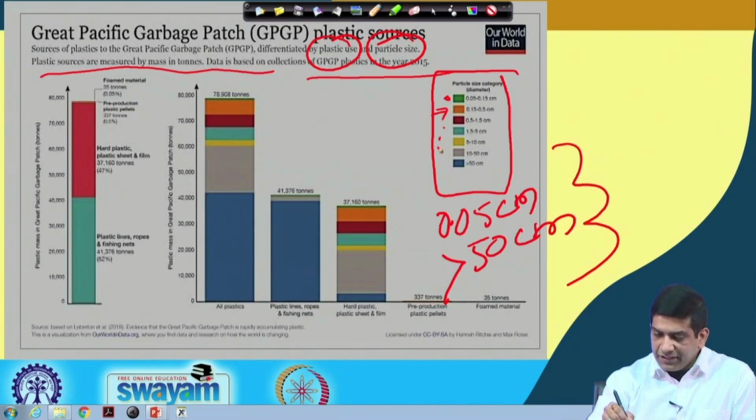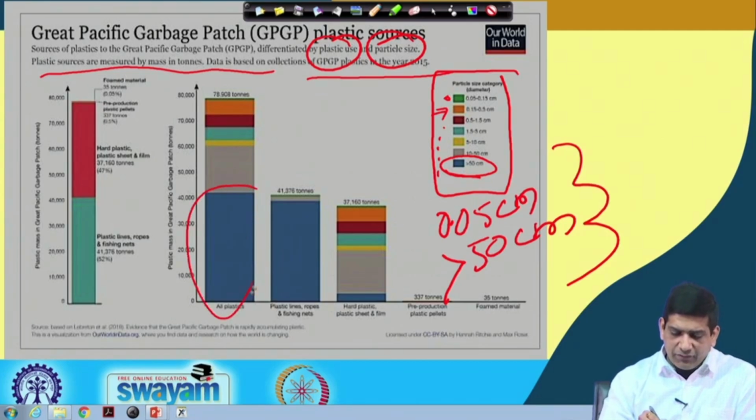As you can see, there are different color codings as per the size, and we see even big pieces too, like the bottom one in blue, which is greater than 50 centimeter.